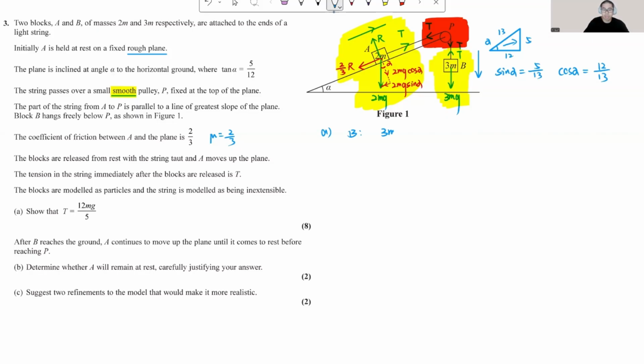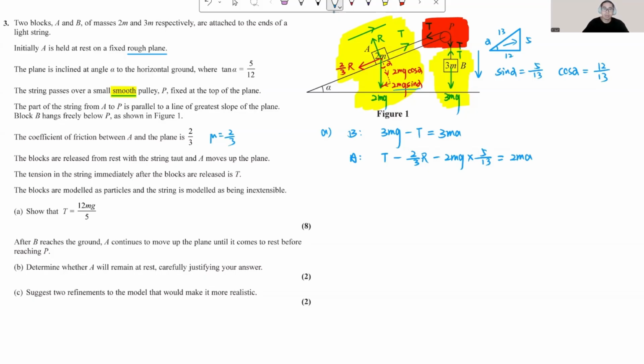So we do force down minus force up equals mass times acceleration. For particle A, because A goes up the slope, we do force up, T, minus force down, which is the friction 2/3 R, and also 2mg sine alpha going down. So it'll be 2mg times sine alpha, which is 5/13. That is equal to mass 2m times acceleration.